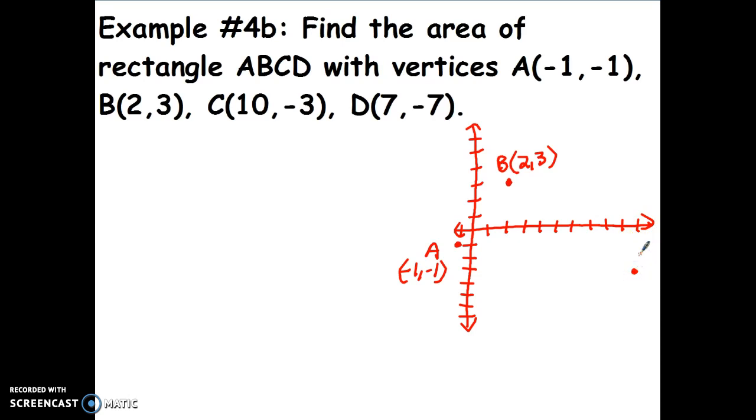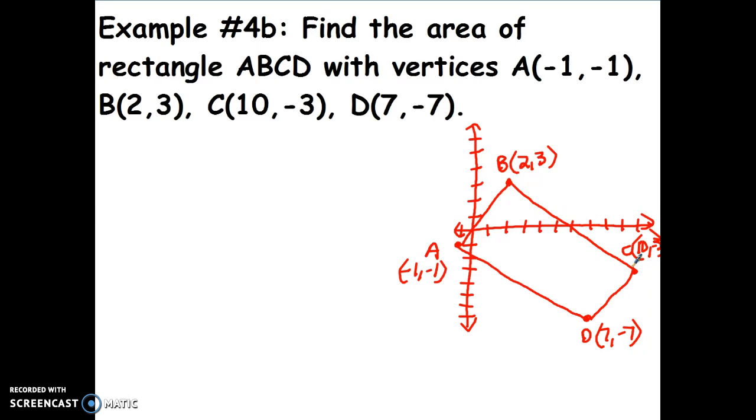And that is C. And then finally D is 7, -7. Okay, so again, it's not gonna look perfect, but it should look close.